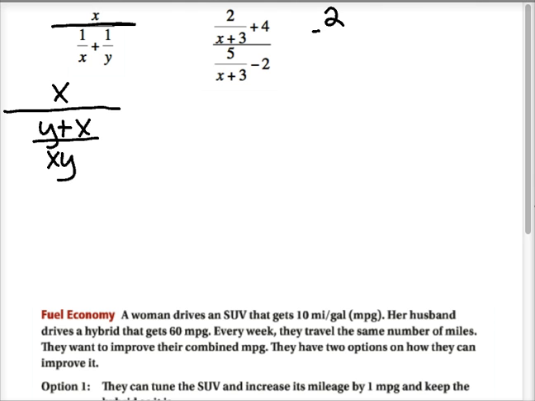So 2 over x plus 3 plus 4. Now, notice the 4 doesn't even have a fractional piece. So it's not contributing to the common denominator at all. So the common denominator is just x plus 3.